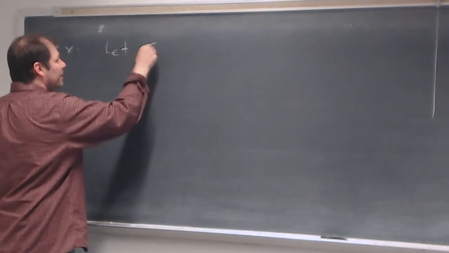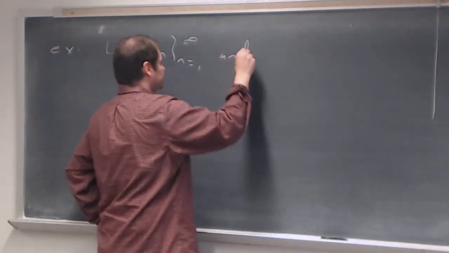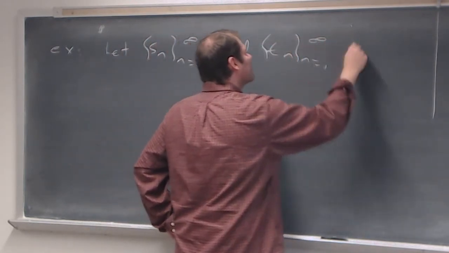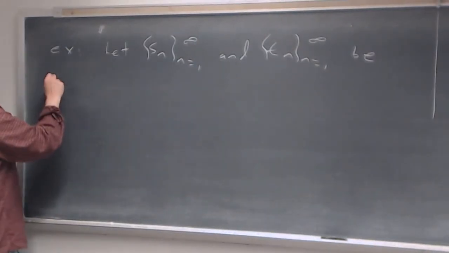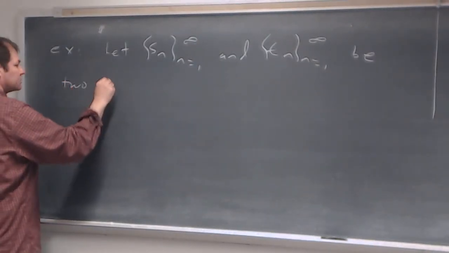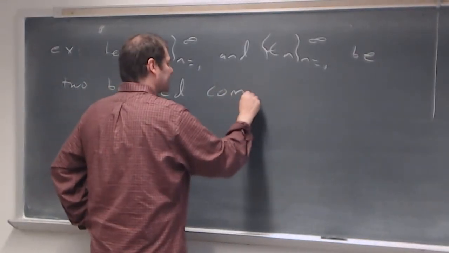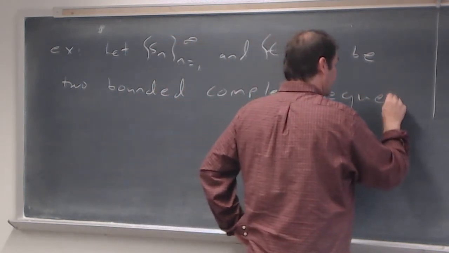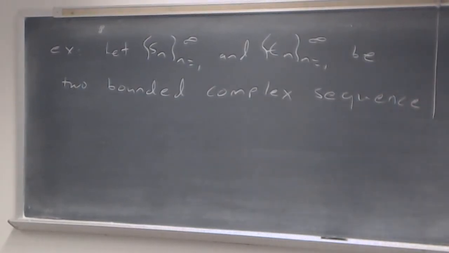Let's let S of n and T sub n be 2 bounded complex sequences. And what we mean by complex is that the output values, the terms of the sequence, are complex numbers.